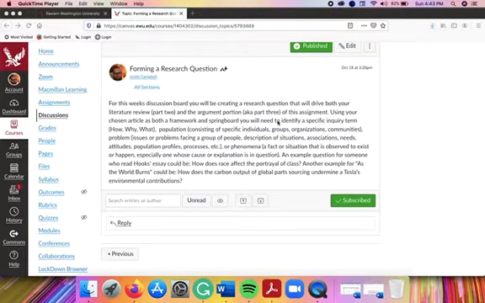Another example of this would be if you read Hooks's article, you could ask, or you could discuss, how does race affect the portrayal of class? So you could make the argument that when it comes to poor people of color, they're portrayed differently than poor white people. That could be an argument you could make.